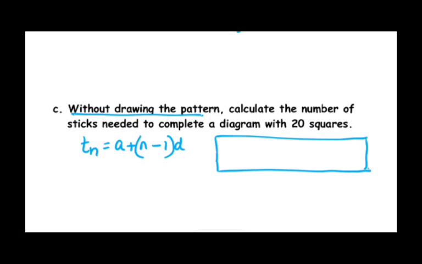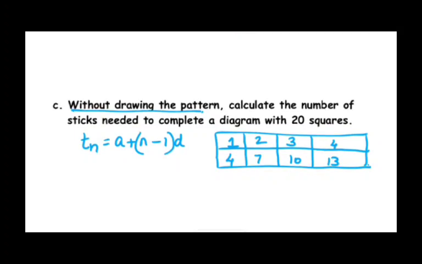So my formula says Tn is equal to A plus N minus 1, the whole thing multiplied by D. Let me make my table. First position, one square, 4 sticks. Second position, 2 squares, 7 sticks. Third position, 3 squares, 10. And fourth position, 4 squares and 13.